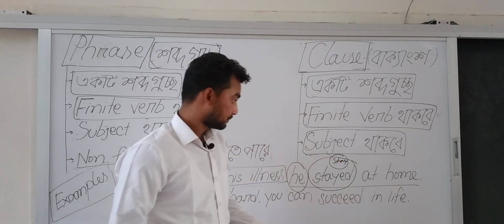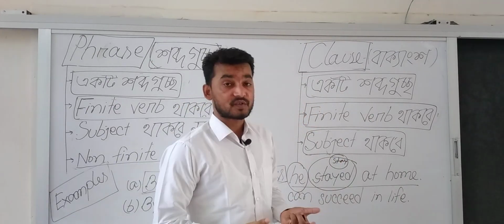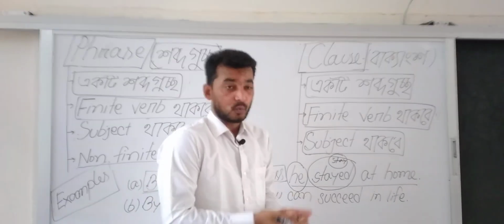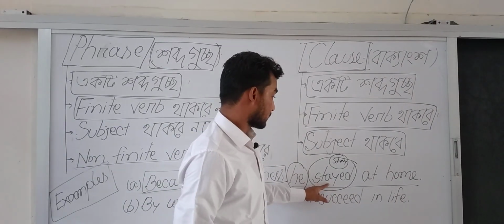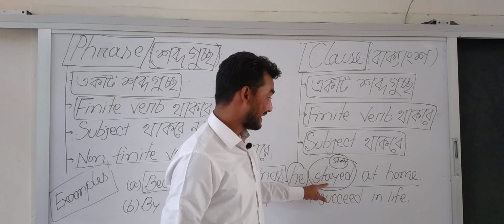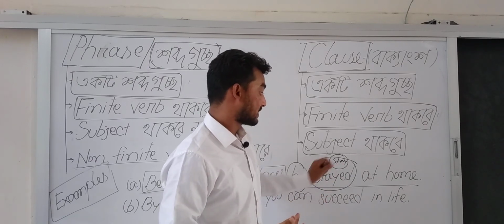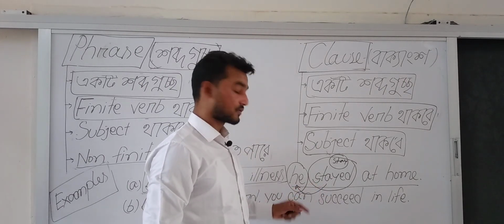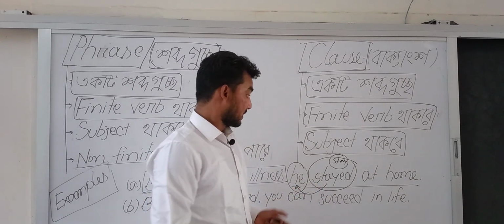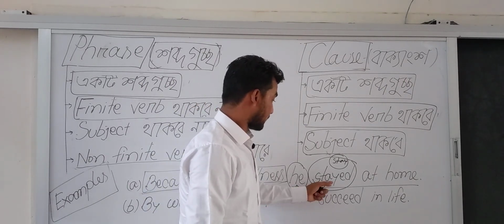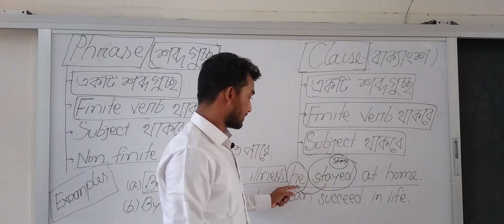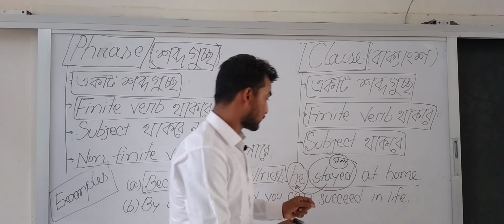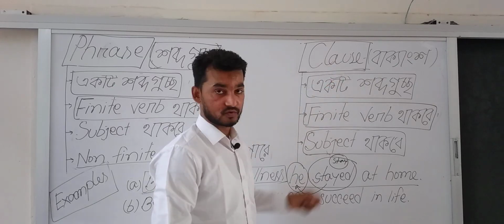And we know to express past tense, we use the past form of a verb. And stayed is the past form of stay, and he is the subject of this verb. So, we notice that there is a finite verb and a subject in this part of the sentence, and that's why we can call it a clause.